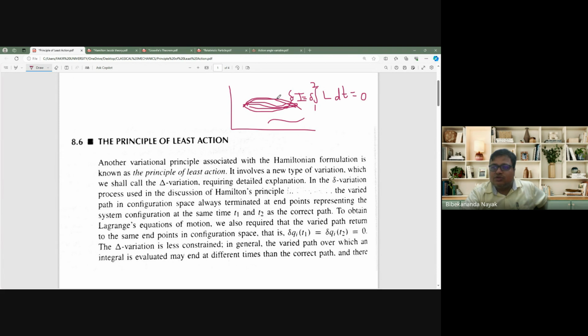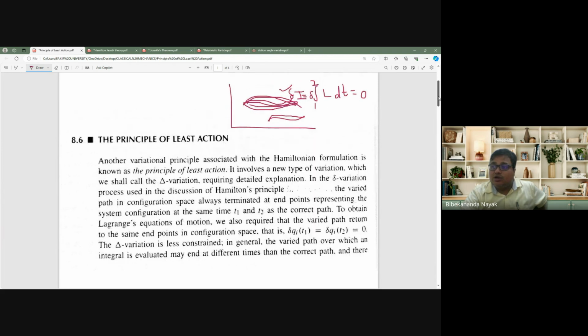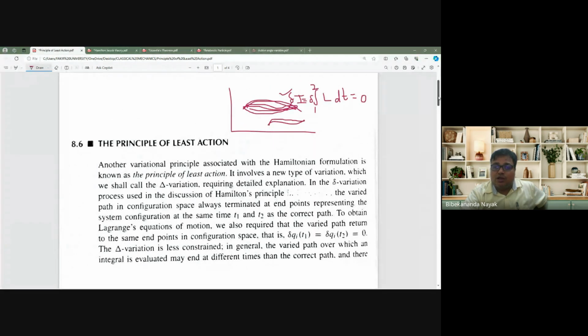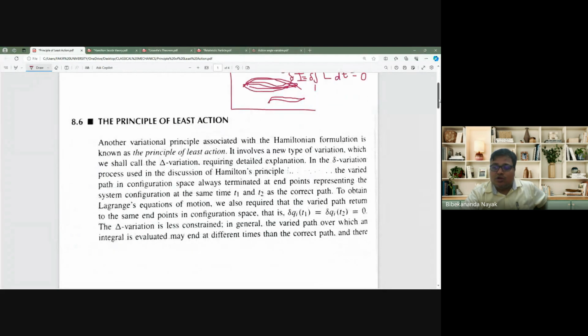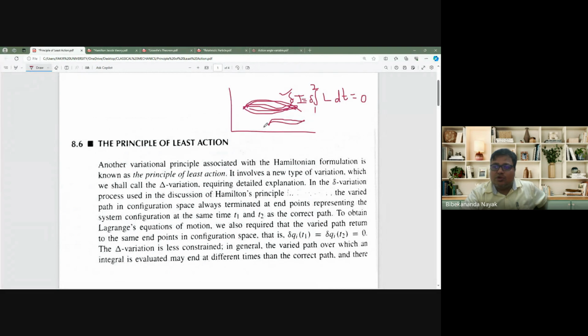For the actual path, we satisfy this equation. We also discussed this when we discussed Hamilton's equation or Hamilton's principle. Suppose it is moving from time t1 to t2 along a path slightly different from the actual path, a delta variation from the actual path.